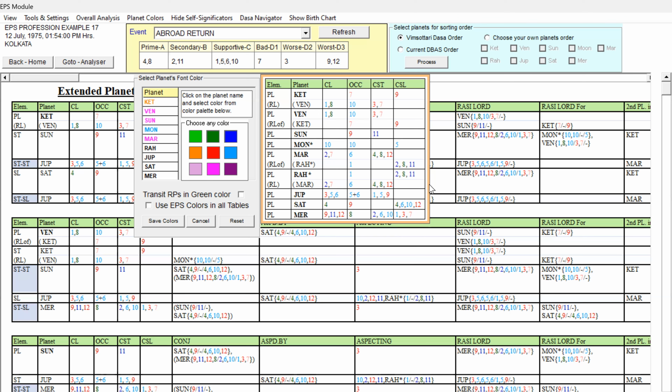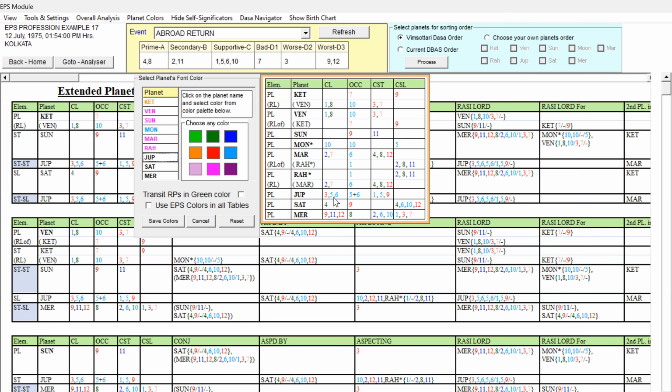And when it is connected to the unfavorable, it can support coming back to the homeland also. So that way, Rahu being the Lagna, we have to say it is a mixed significator. It can support travel abroad also, it can support coming back to the homeland also. I think we're able to understand the difference.